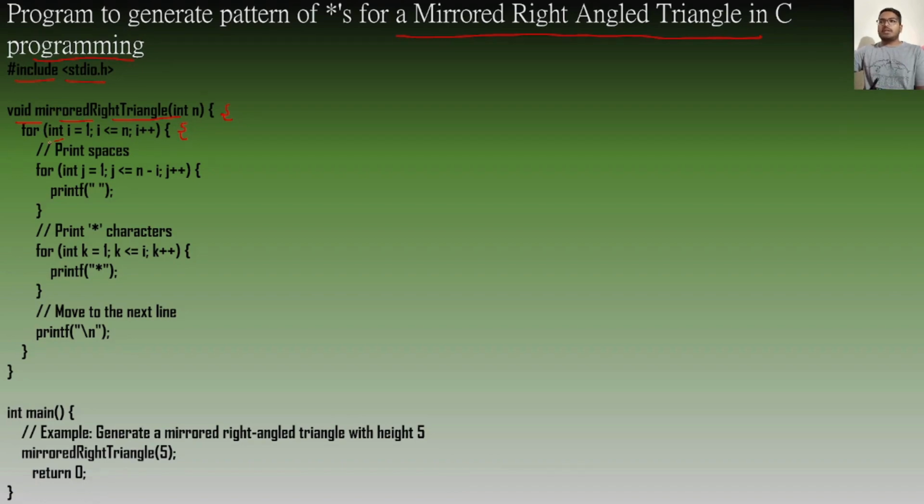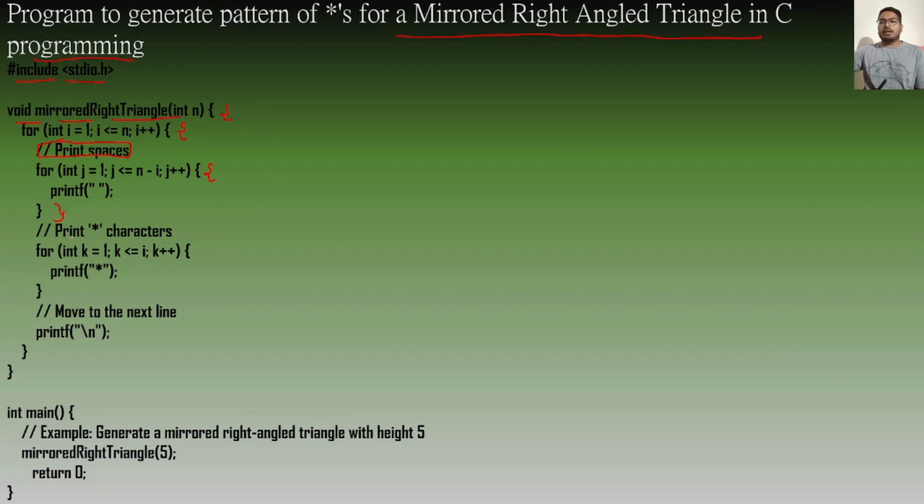To print some spaces, we give the code for int j = 1; j <= n - i; j++, and close the bracket, and then we open another curly bracket. We write printf(" "), leaving it as a space, and then semicolon. Here we close the curly bracket for the first time.